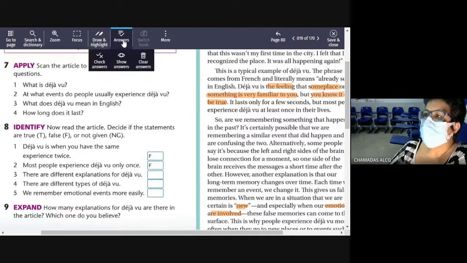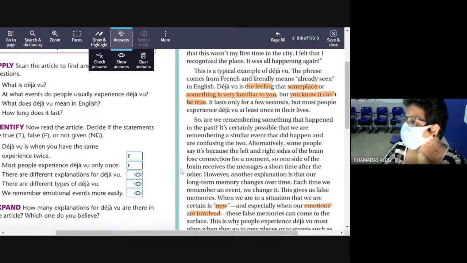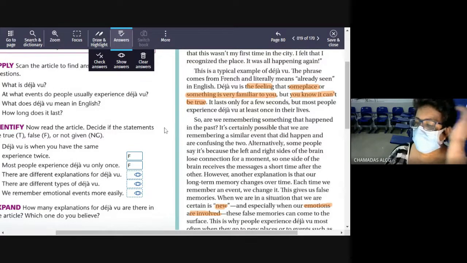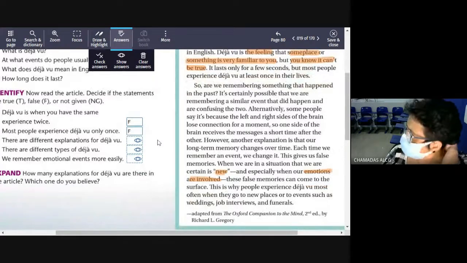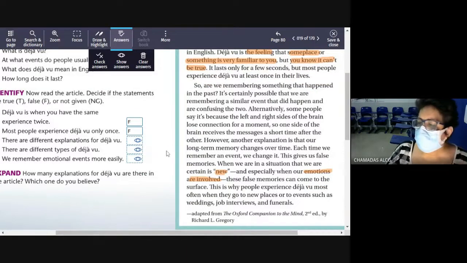People usually experience that more often. Only once. No. Okay, so it happens more often than we think. It's not something so rare. It's often, okay? I mean, not so often, but it's not only once.